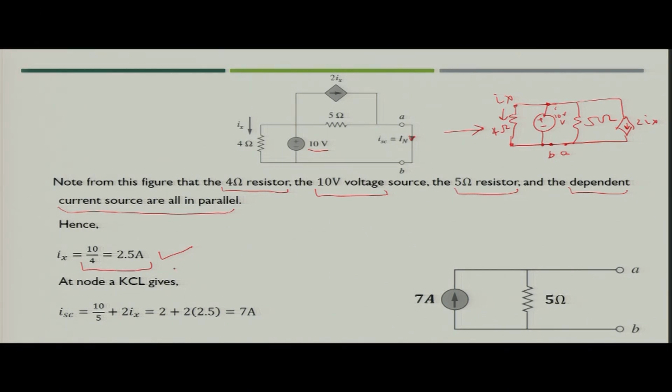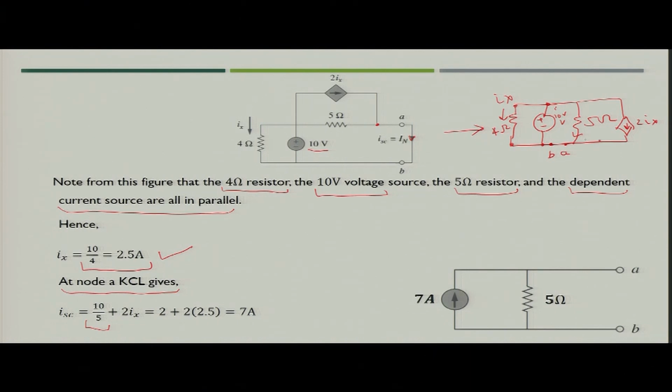When you get the value of Ix, you have to just run the KCL at node and find out the value of the short circuit current. So, if you see here, the value of short circuit current is given by first 10 divided by 5, because if you see this figure, this is again in parallel with 10 volt. So, you get 2 ampere as a current, that is 10 by 5 plus 2 times Ix, right.